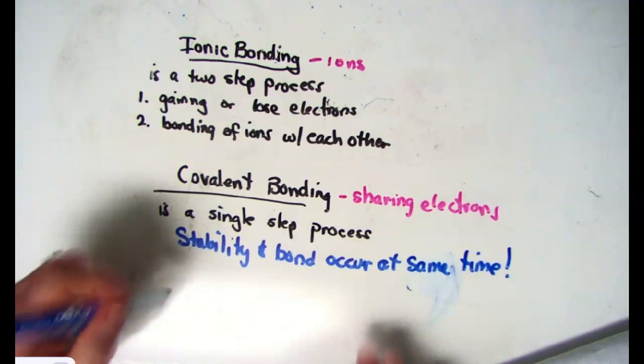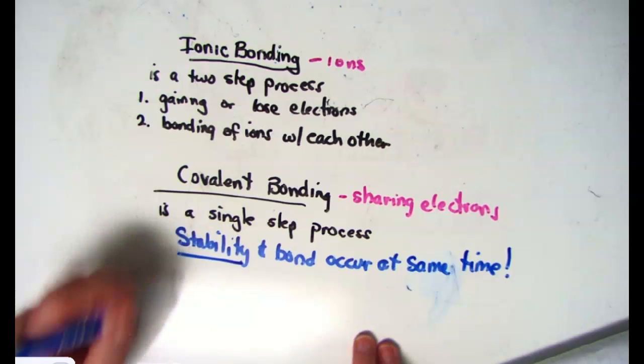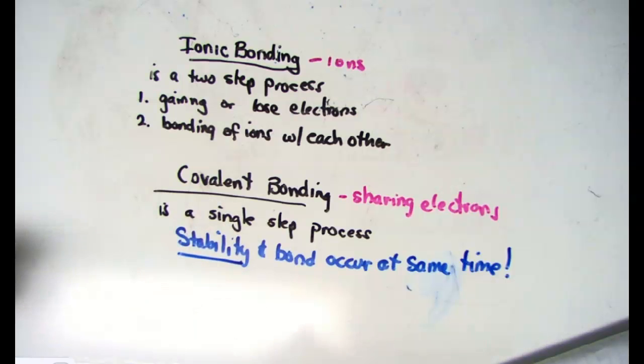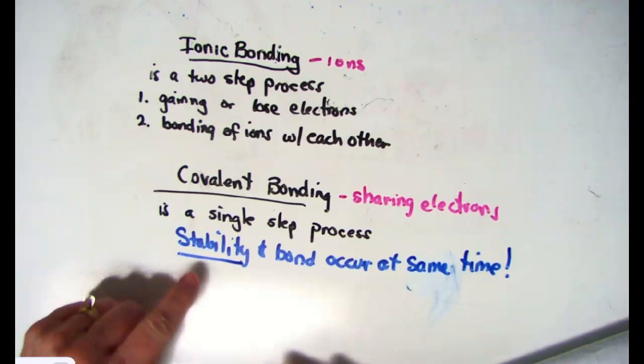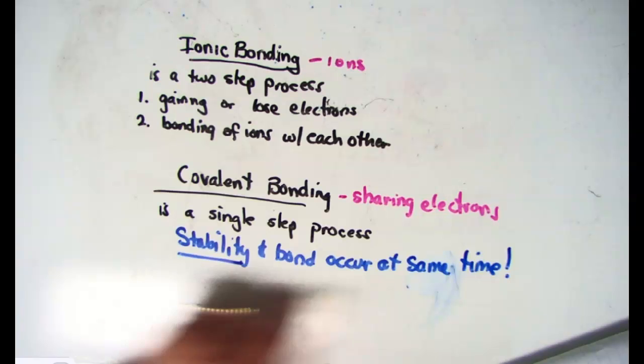The bond forms in order to make both elements have a stable valence shell, right? So stability in the bond occurs at the same time.